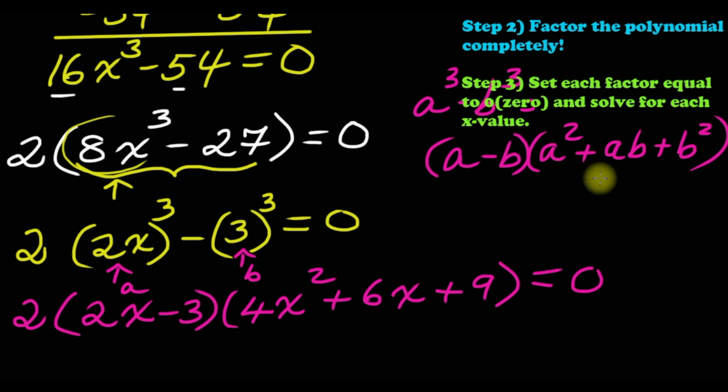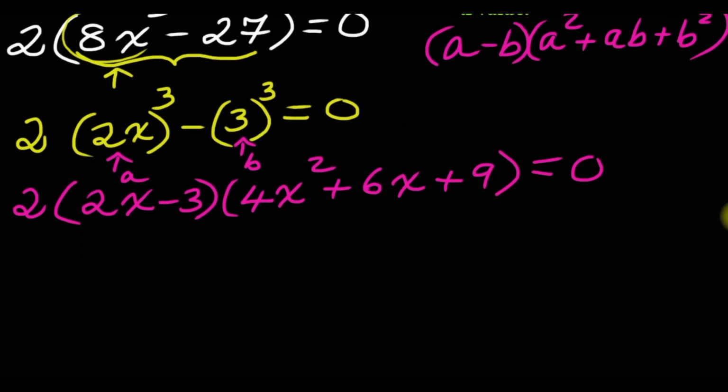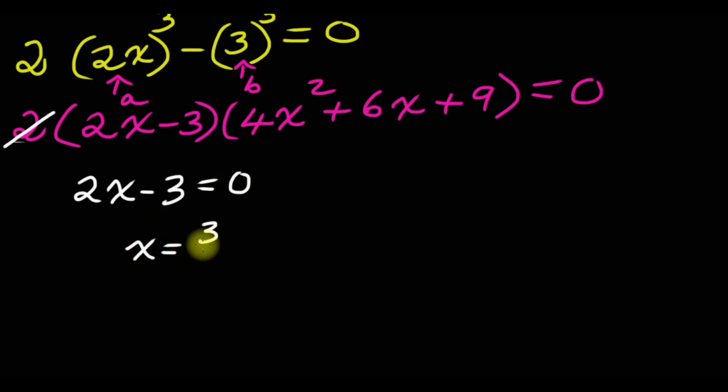And then the last thing we have to do is set each factor equal to 0 and then solve for it. This one has no variable, so I don't need to set this equal to 0. So I have 2x minus 3 equals 0. And then solve, I'll get 3 over 2. And then here I would have to use the quadratic formula to solve it.